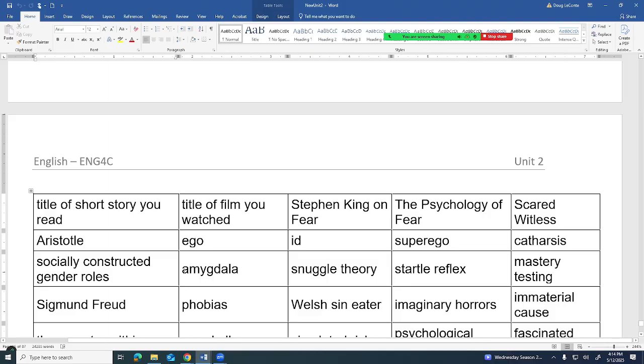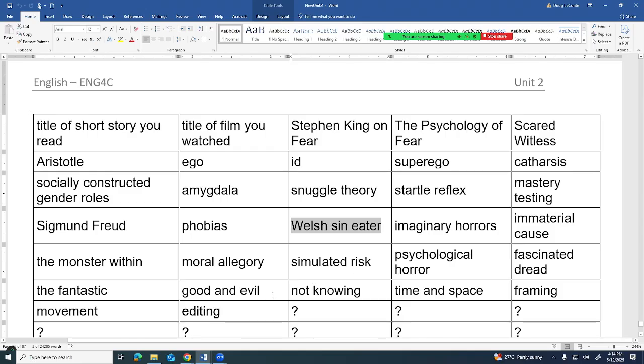That's right here, right? And Sigmund Freud and phobias. Also, the Welsh sin eater. That's brought up in, I believe, or is that in Stephen King? Oh, I think that's in Stephen King. More, let's see, phobias.